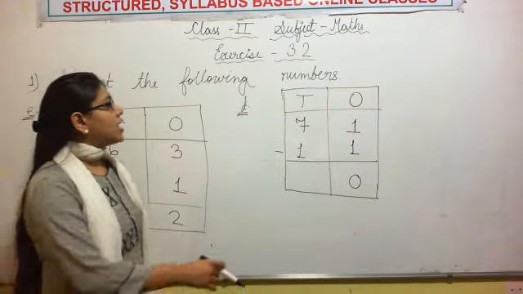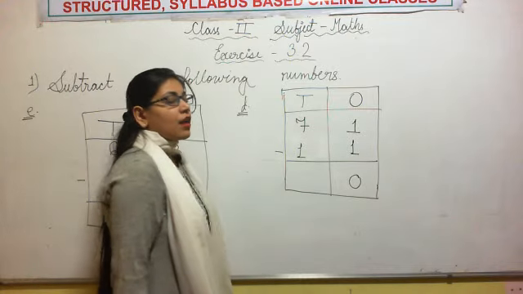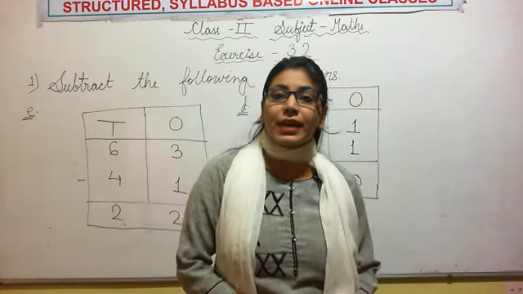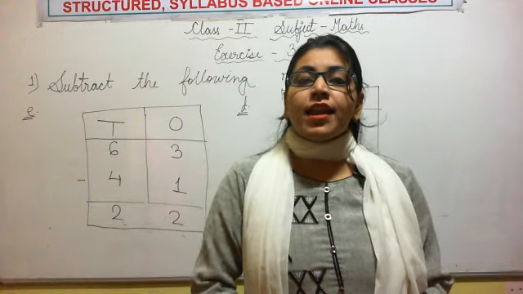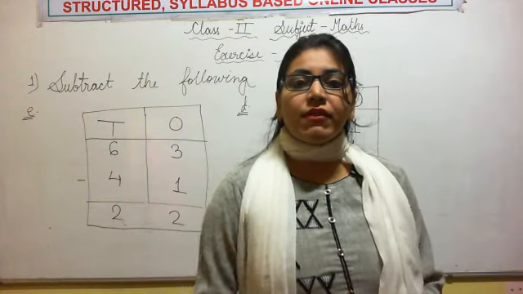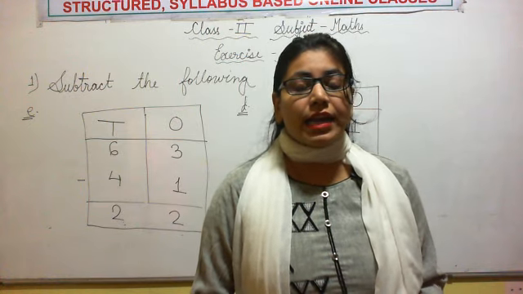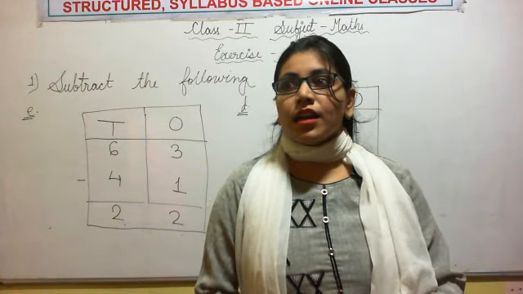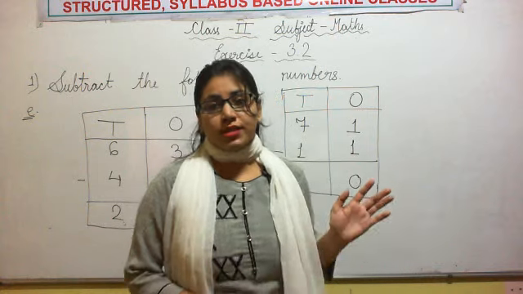Okay. Now 7 minus 1. Again subtraction property. See why we are learning the subtraction properties or facts. If we learn subtraction properties, then we can do it without drawing sticks.